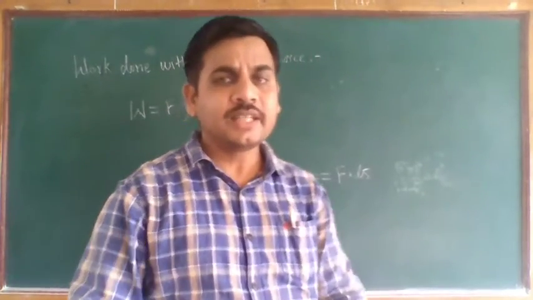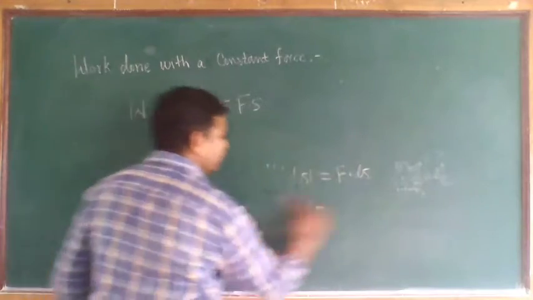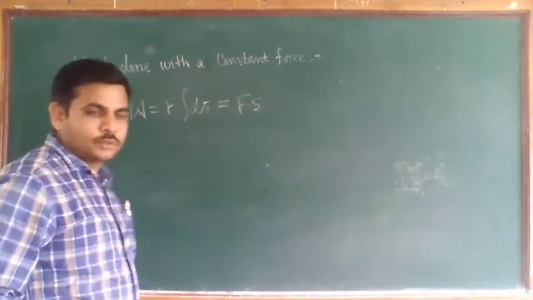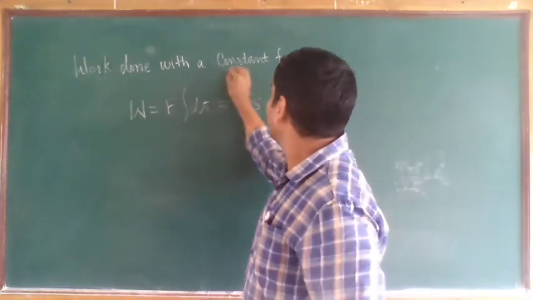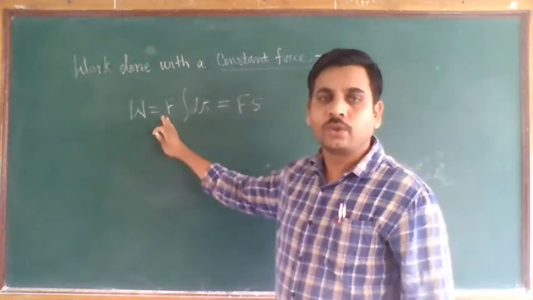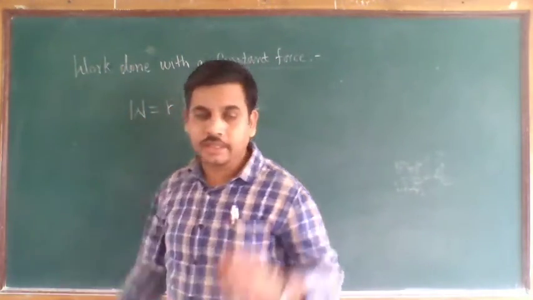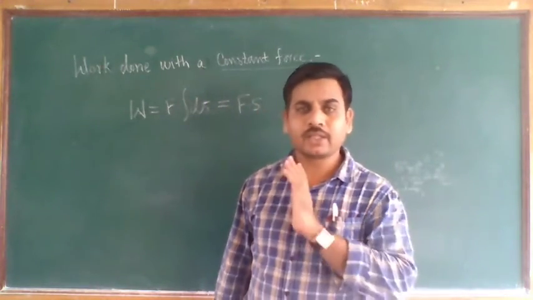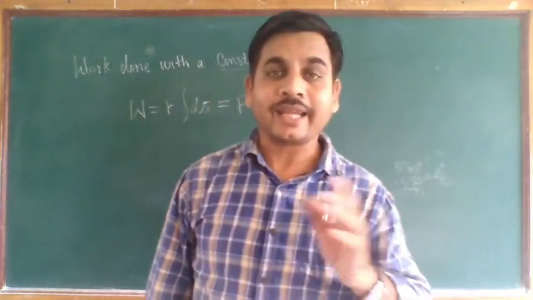Here we are taking an example to check. In this whole topic we are taking a constant force, and for that constant force we have to calculate the work done. Consider that you apply a constant force along a direction making an angle theta.